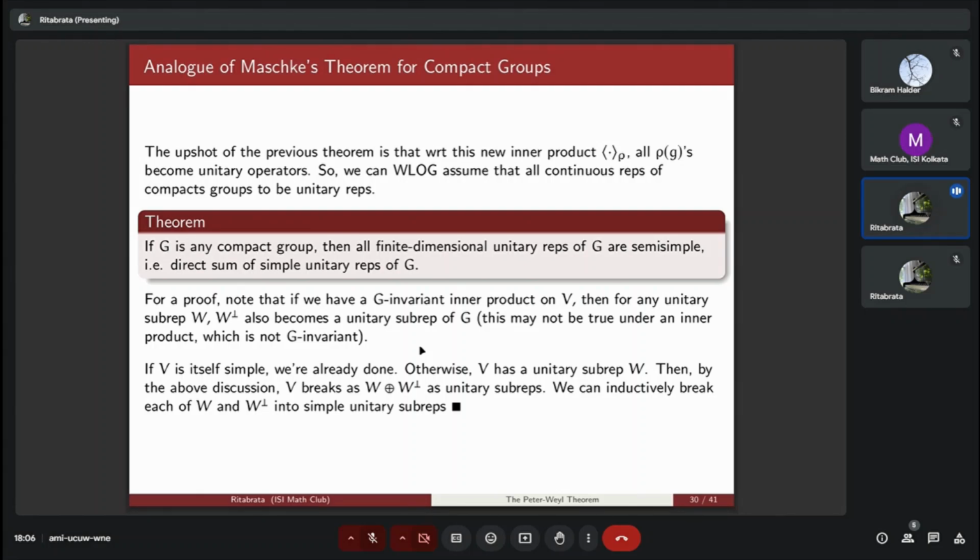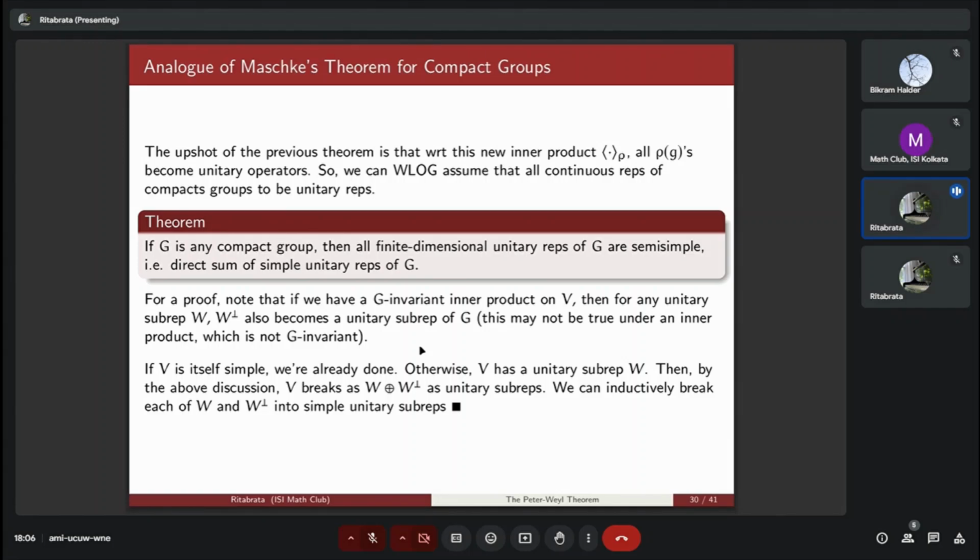If V has a unitary subrepresentation W, then by the above discussion, we break it as W direct sum W perp as unitary subrepresentations. If our inner product was not G-invariant, V equal to W direct sum W perp would anyway hold as vector spaces, but W perp would not be a unitary subrepresentation. And in that case, this decomposition will not hold as representations, only as ordinary vector spaces. We have lost some structure. G-invariance helps us keep our structure intact.